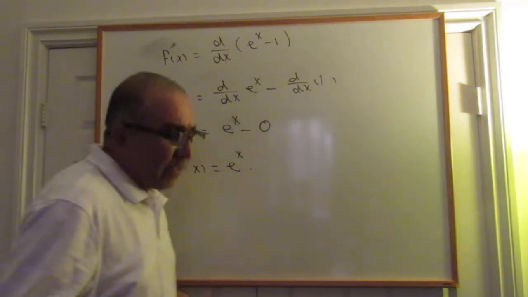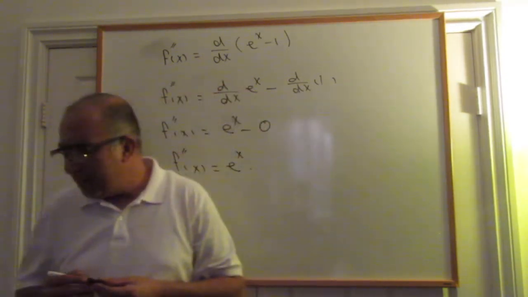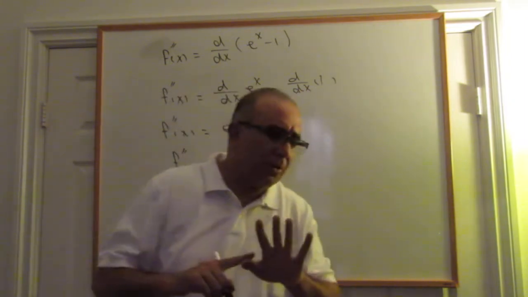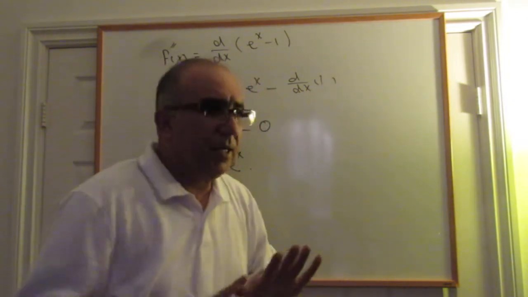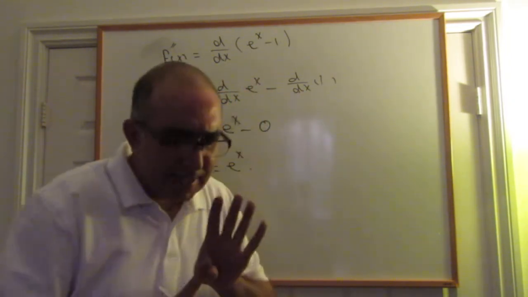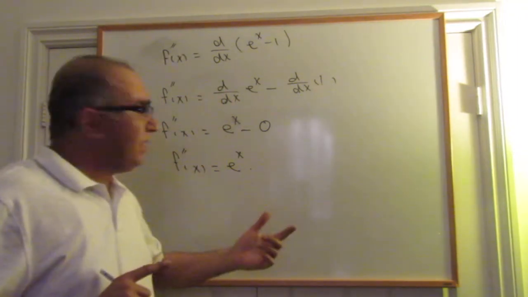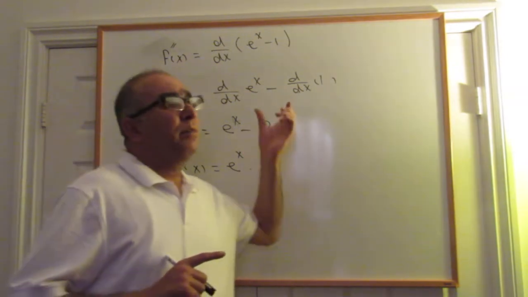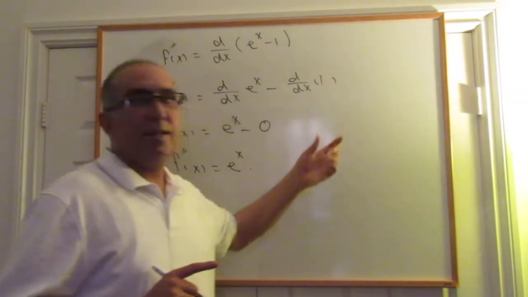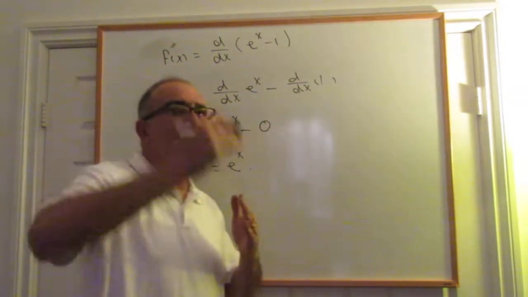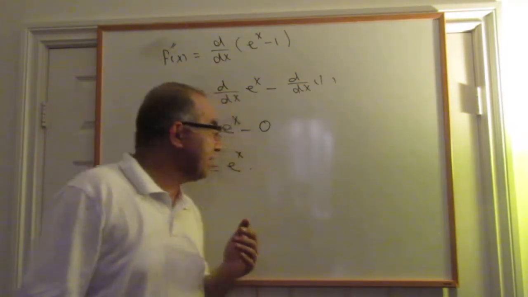This was all in 3.1. 3.1 is talking about 4 easy rules. The derivative of a constant is always 0. The derivative of a power function is n times x to the power of n minus 1.